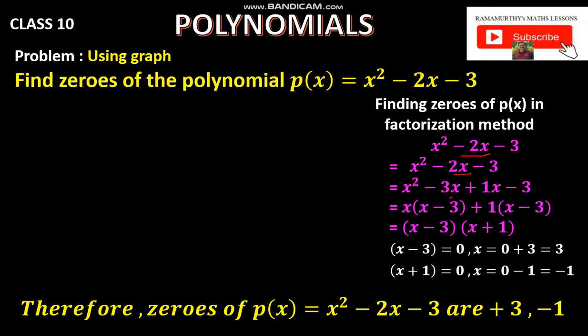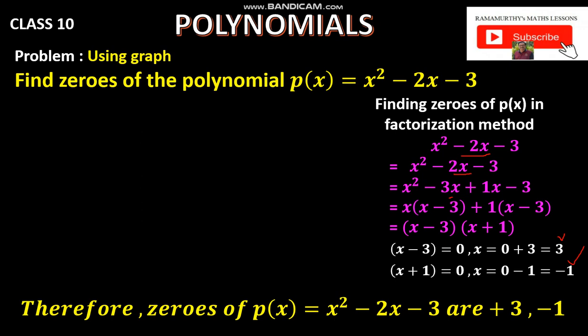So we factorize x square minus 2x minus 3 as x minus 3 into x plus 1, where we get the zeros of x as 3 or negative 1.